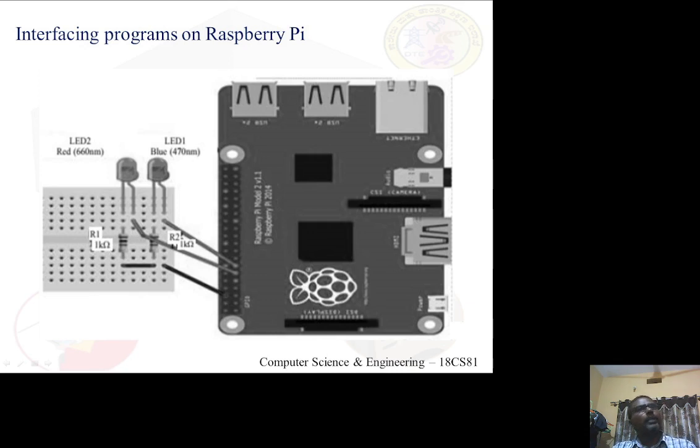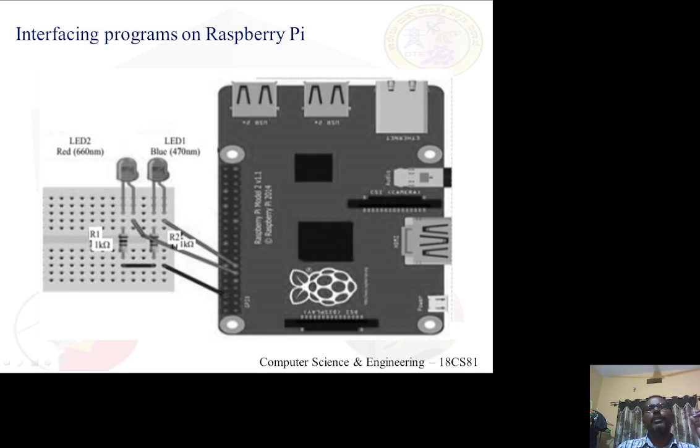One pin I need to ground, and the other pin I need to connect to supply. Got it? The one pin of each of these two LEDs is grounded, whereas the other pin of these two LEDs will receive an input from the Raspberry Pi. I repeat, the other, longer pin of these two LEDs will receive an input from the Raspberry Pi.